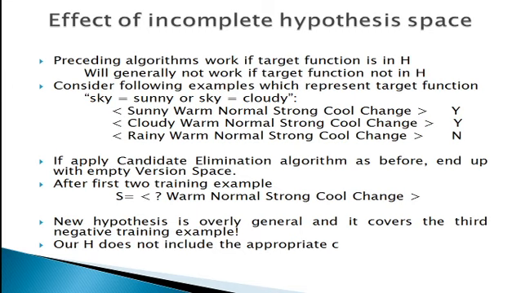Because of this restriction, the hypothesis space is unable to represent even simple disjunctive target concepts, such as sky equal to sunny or sky equal to cloudy. In fact, given the following three training examples of this disjunctive hypothesis, our algorithm would find there are zero hypotheses in the version space.